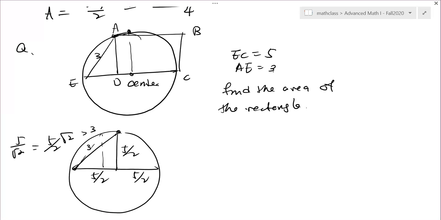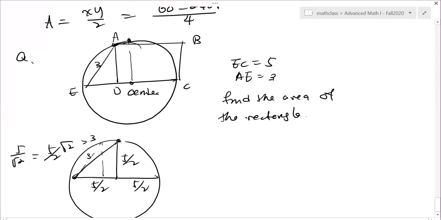Yeah, for the above problem, I gave you the radius, okay? If I don't give you the radius, the area depends on the radius. Now here, the circle is fixed. The radius is half of 5, it's 2.5.